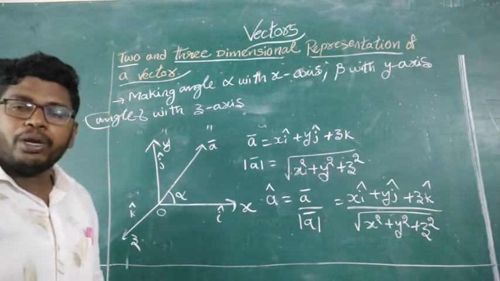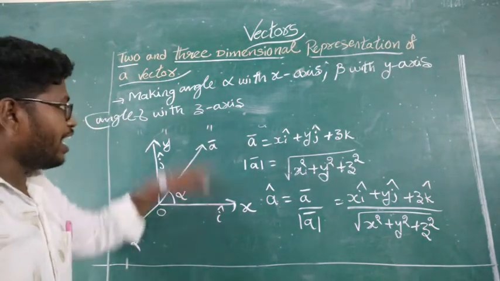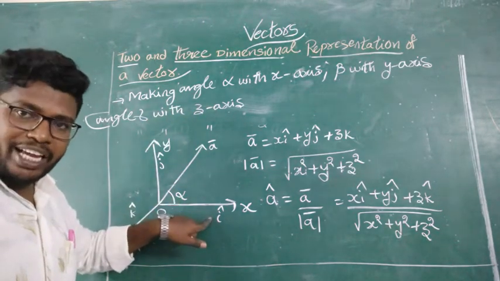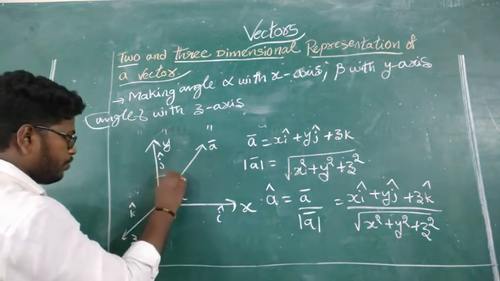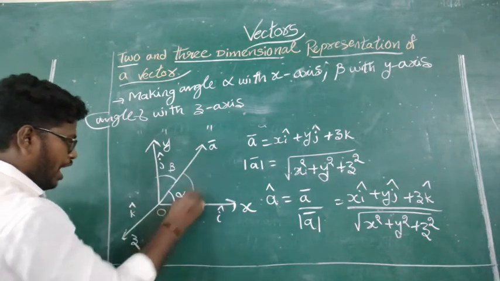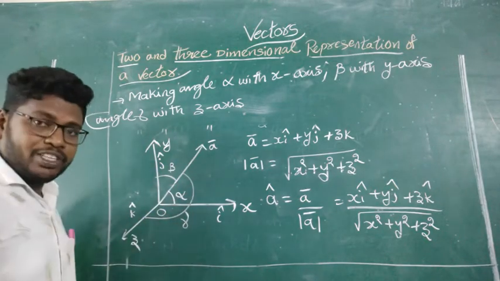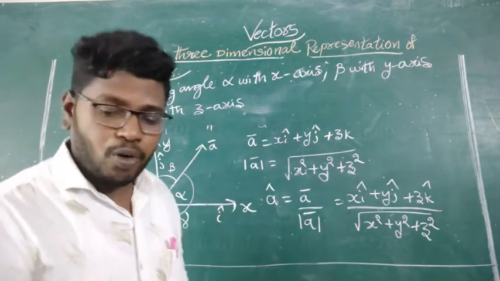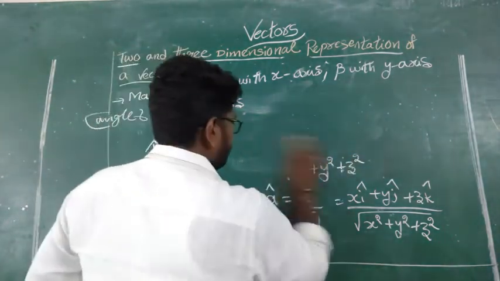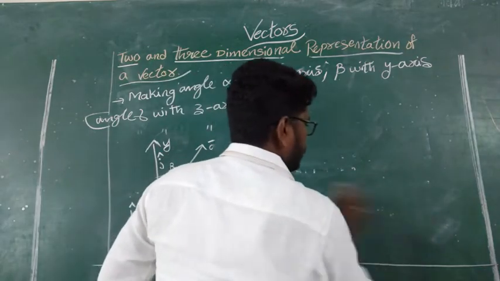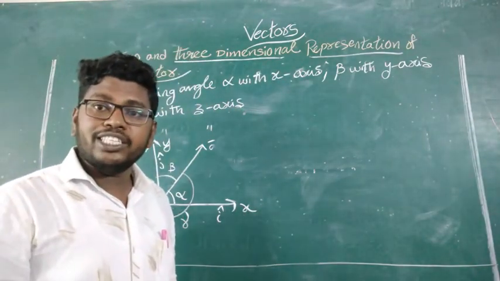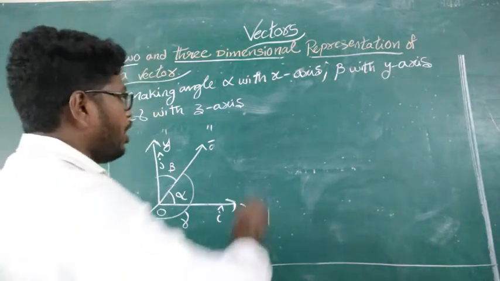So now if you want to represent the directions, if you make an angle alpha with the x-axis, angle beta with the y-axis, and angle gamma with the z-axis, how can we write this in terms of cosine? Let me do it now. We already know that cos theta is nothing but adjacent side by hypotenuse.